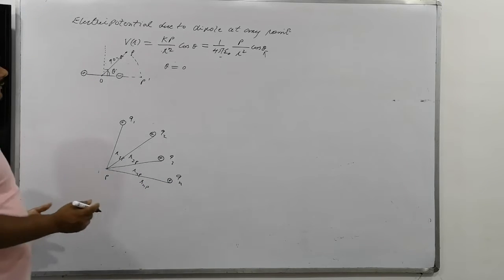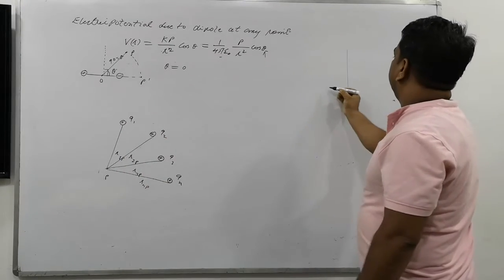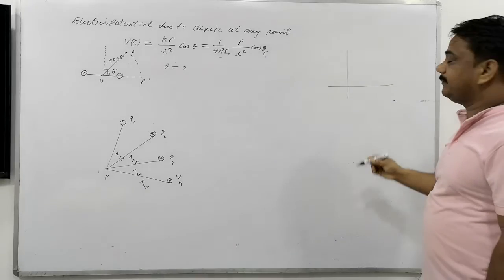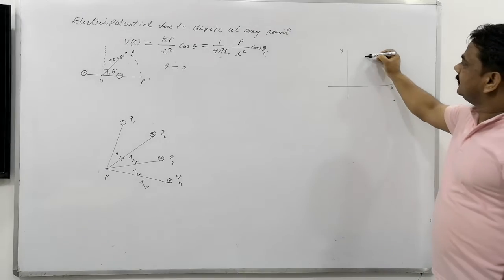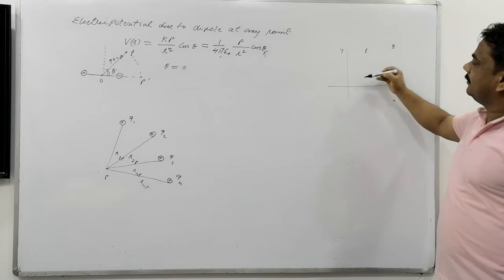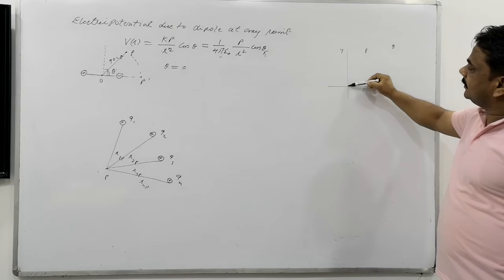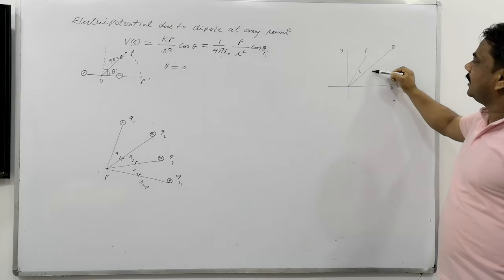Because you have already studied in the previous class, there is an x axis and y axis, the xy plane. There is a certain point P here, and there is a certain point Q, right? So its position vector with respect to the origin is r1 and the other's position vector is r2.